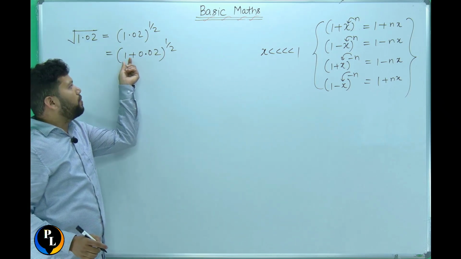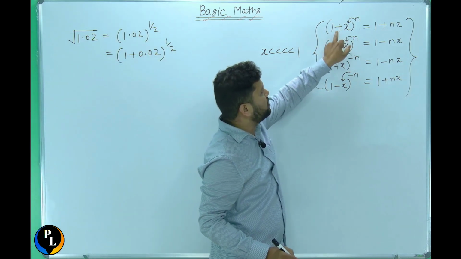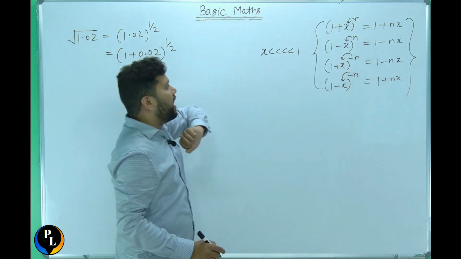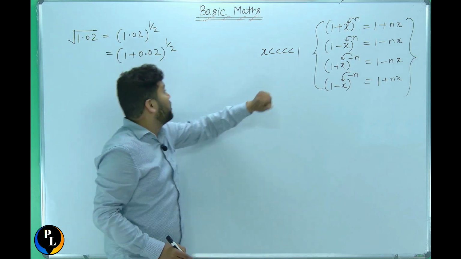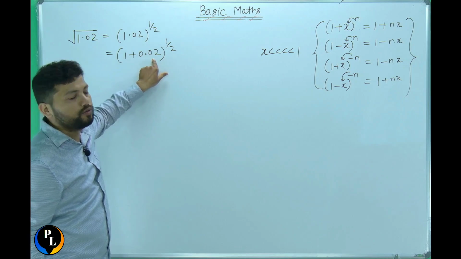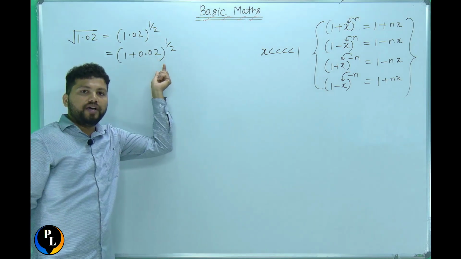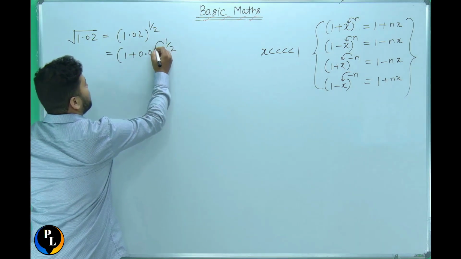It came in the form of (1 plus x) power n. So we need to multiply this power here, and I told you the condition already: x should be much less than 1. Here, in the place of x, there is 0.02, and 0.02 is very much less than 1. So we can multiply this power in.